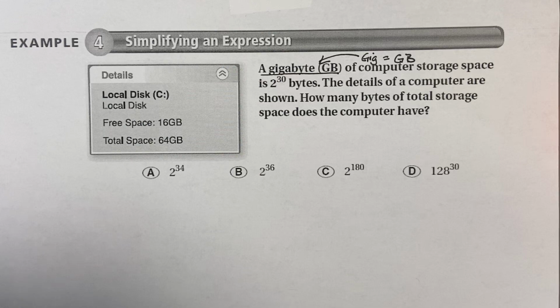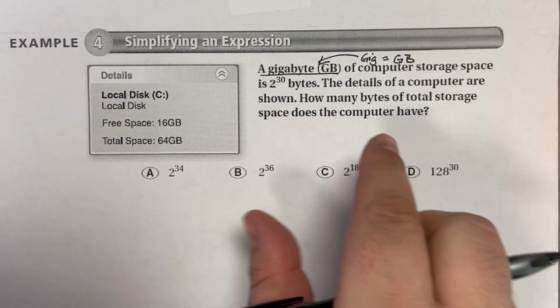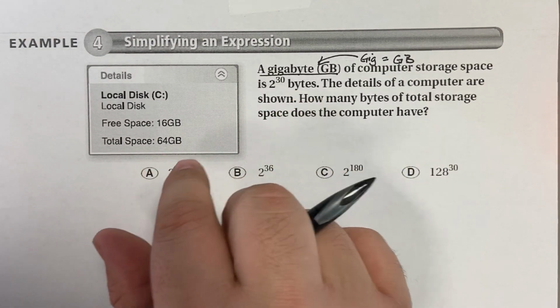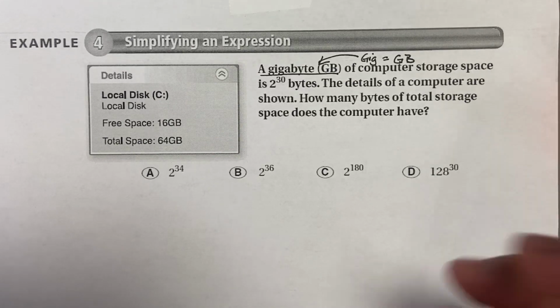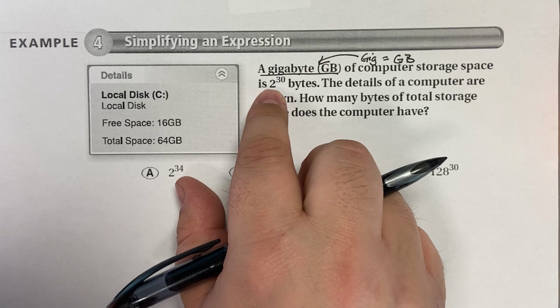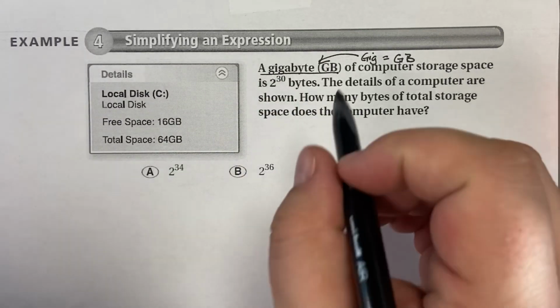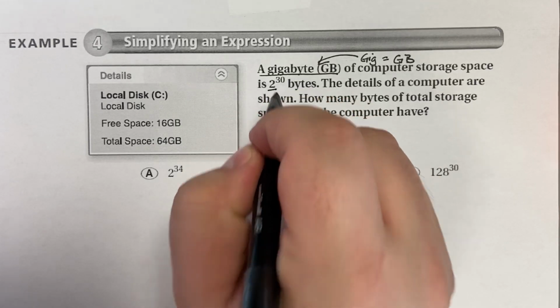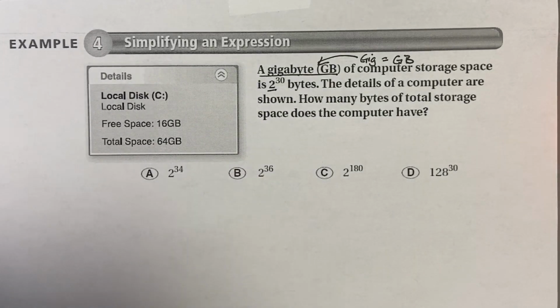Now, the computer has 64 gigabytes of total storage, and we can write 64 in terms of 2 to a power. We want that because we know that a gigabyte is 2 to the 30 bytes. Here we want to have the same base, because if you remember, we've been solving problems when they always have the same base.